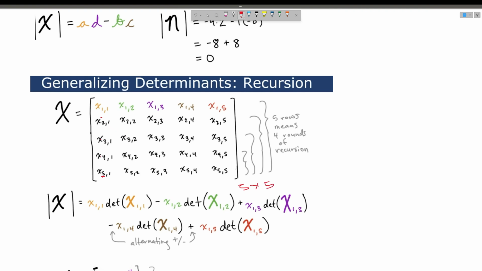Now if you want to find the determinant of this matrix, you start with this one, x1,1, which is the row 1 and column 1 value. We fix that, then all other things get blocked, and then we multiply that with the determinant of the remaining matrix. This is how it works.